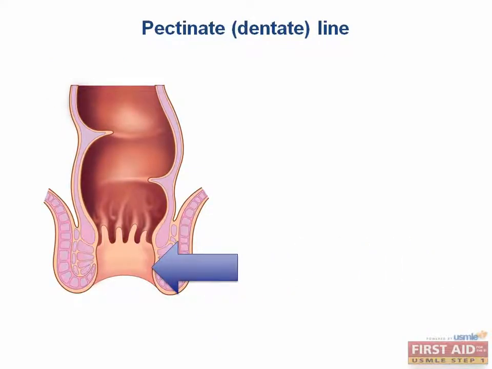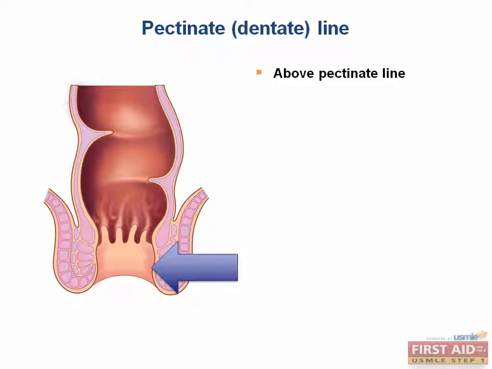The pectinate line is a structure in the rectum that divides the anal canal into the upper 2/3 and lower 1/3. Embryologically, this is the point where the hindgut meets the ectoderm. On the exam, it's common for the differences of the pathologies above the pectinate line and below the pectinate line to be tested.